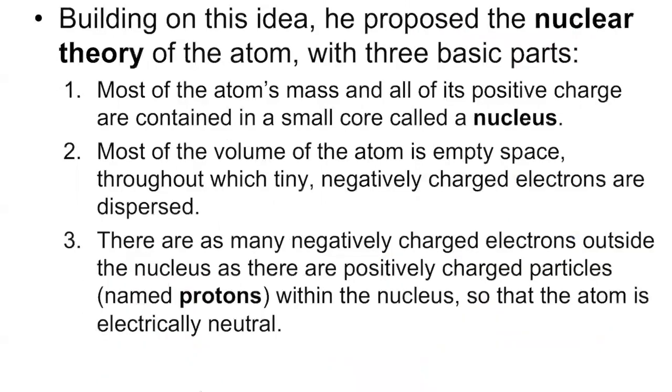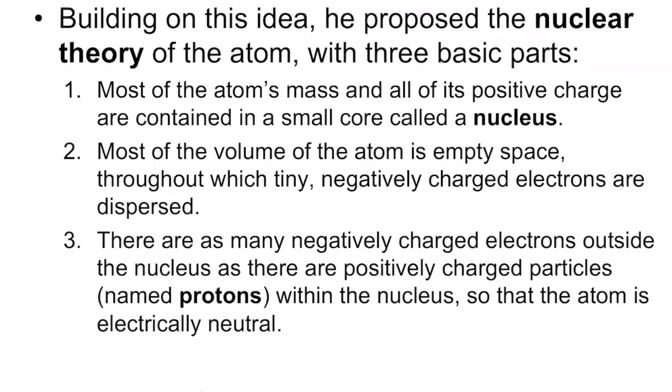The conclusion from his experiment was that most of the mass of the atom comes from the positive particles in the nucleus. So basically the heaviest part of the atom is in the nucleus. Most of the volume of the atom is empty space. That's when we knew that there was this cloud that made the atom bigger, but had not much mass.